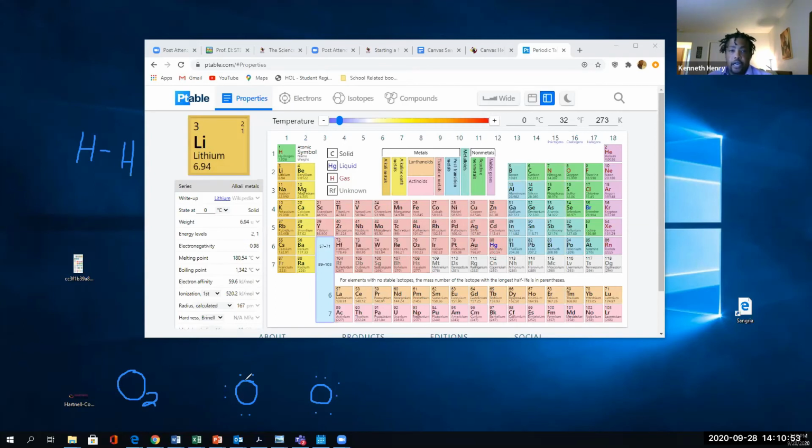Because these are 2 non-metals coming together, we're going to be sharing electrons, okay? So how many electrons are going to need to be shared so that each of these guys would have 8 around them? Just 2?